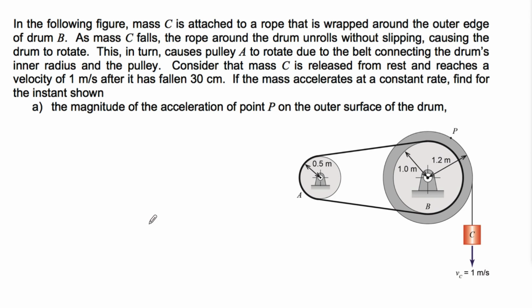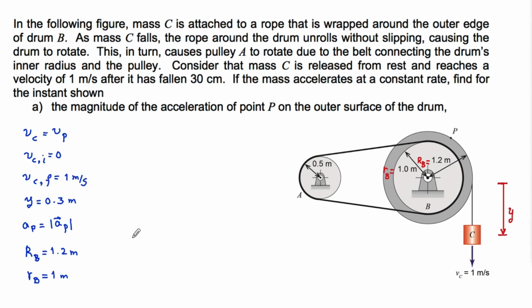So before we answer this question, let's sort out the information. Here I have collected all the information that we need to answer part A. First of all, the velocity of point P will be the same velocity that mass C has. That's why Vc is equal to Vp.